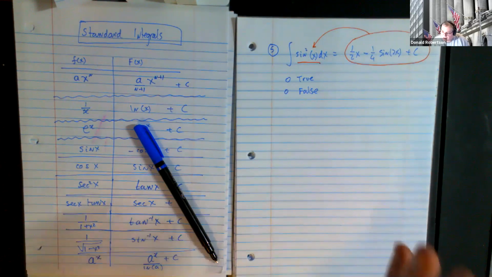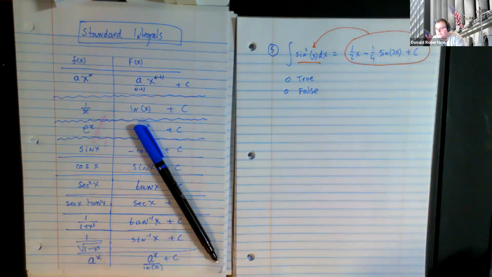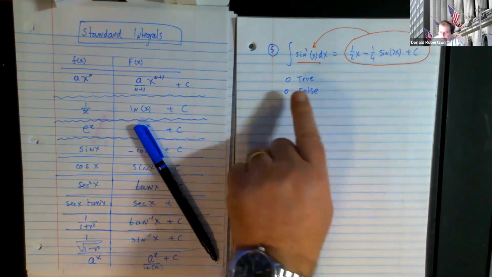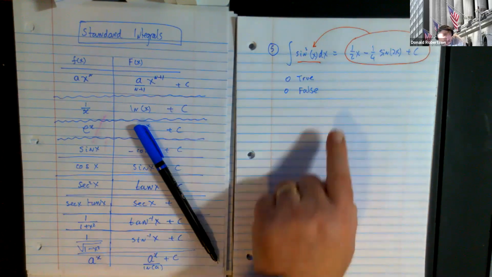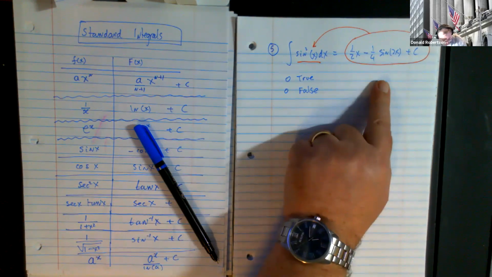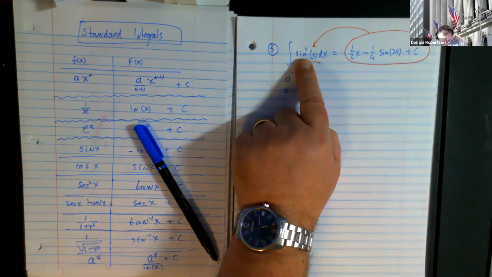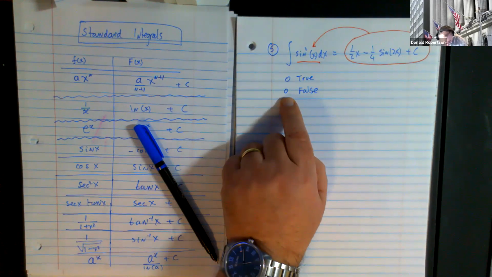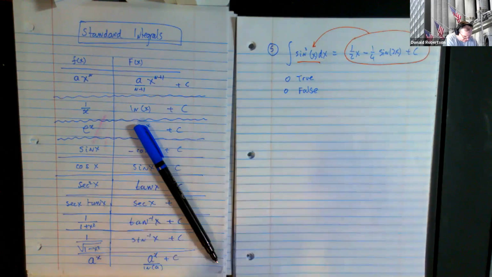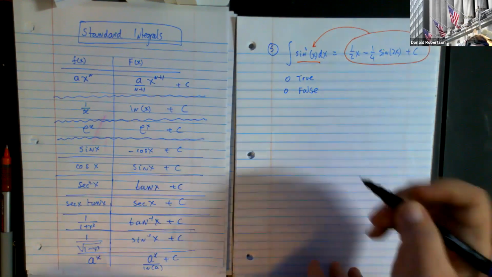Can you see if you find an antiderivative and you get an answer, if you differentiate the answer, shouldn't you get the guy that's inside the antiderivative, right? This guy here. So I'm going to take this, I'm going to differentiate it, and I'm going to see if I get sine squared. If I do, I'll say true. If it's not sine squared, I'm going to say false. So here goes.